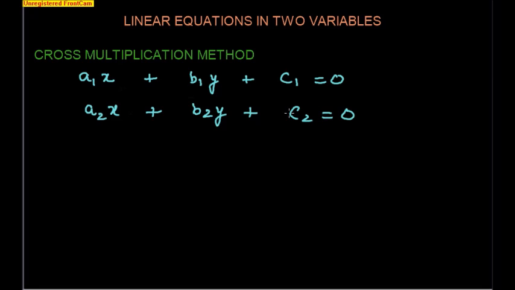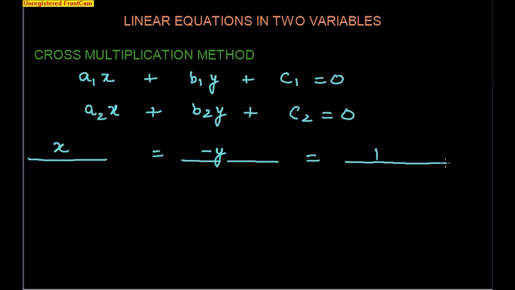Now please understand, we first write down x upon, the other variable being y, but I put minus y, and 1 for the constant, and I write this. Now whenever you are writing below x, you have to hide x.